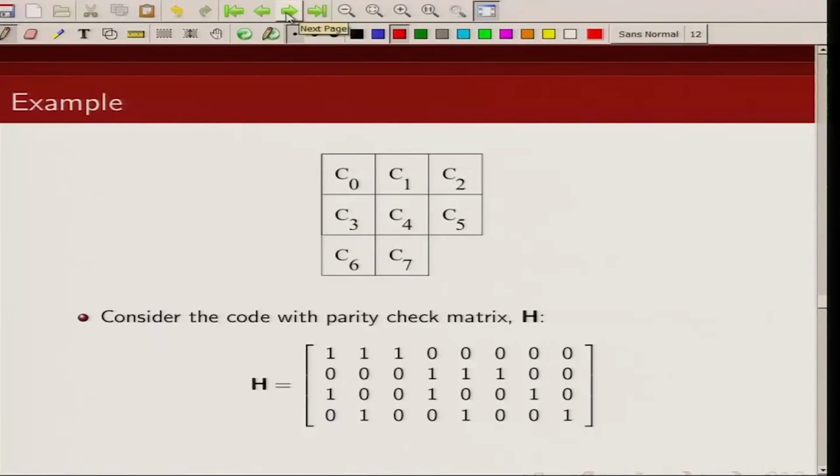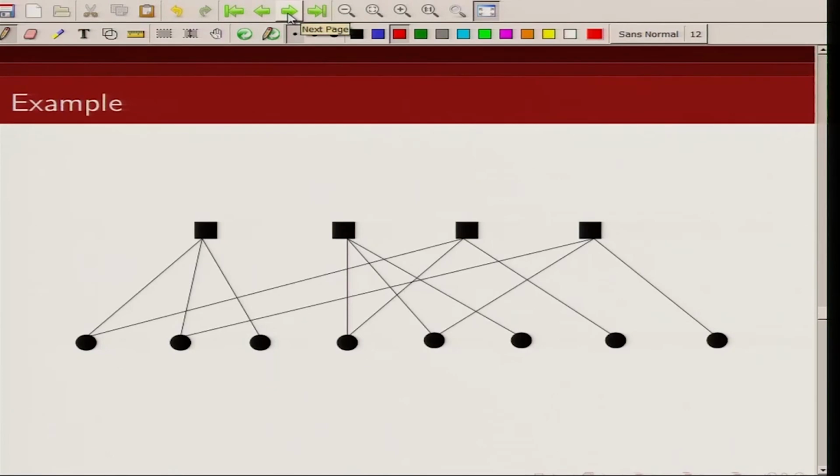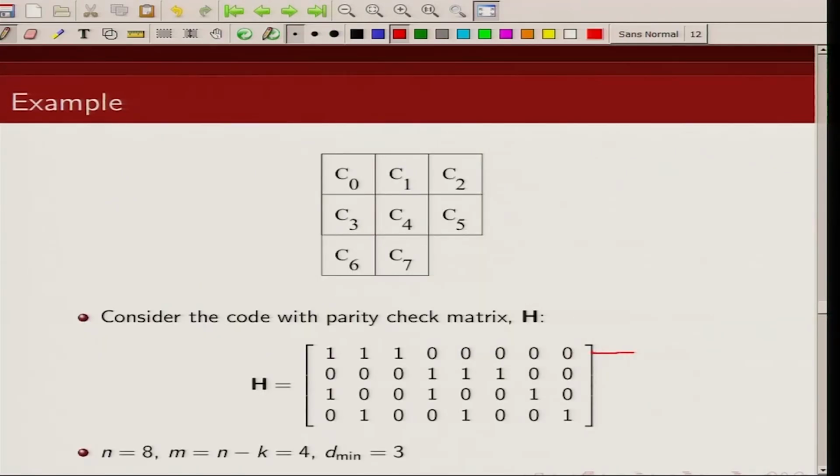So, let us take an example to illustrate the decoding algorithm. We have a low density parity check matrix given by this, with 8 coded bits. This is the Tanner graph corresponding to the parity check matrix; we can just quickly check it. The first parity check equation involves the first 3 bits.